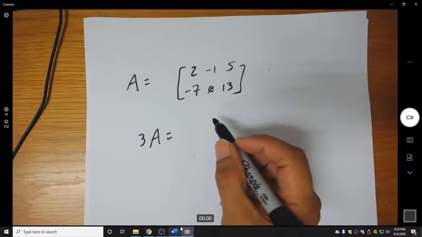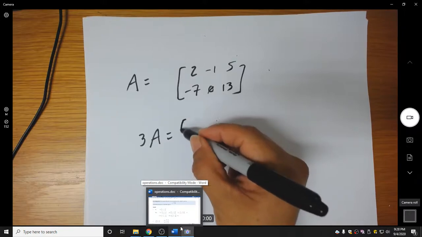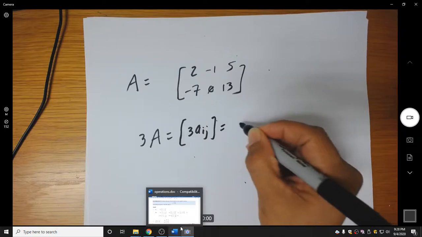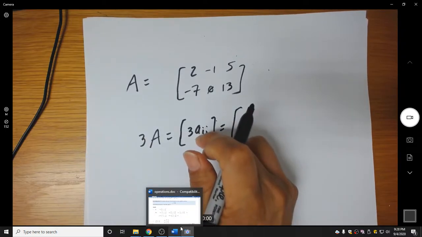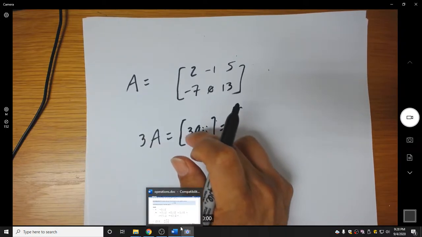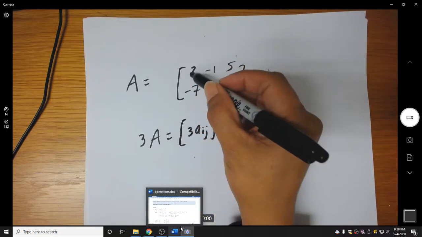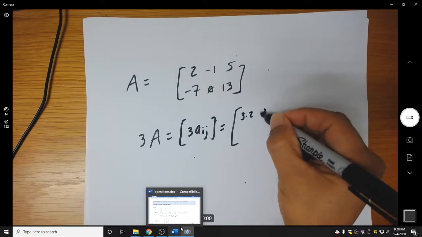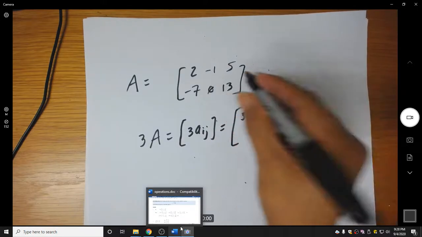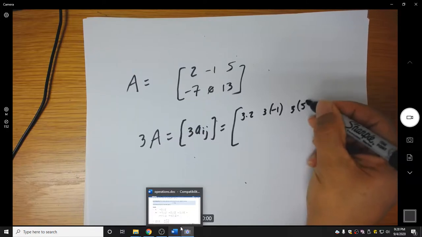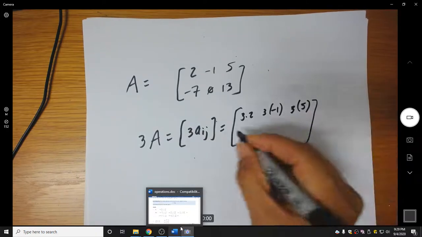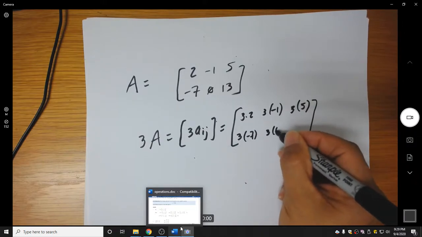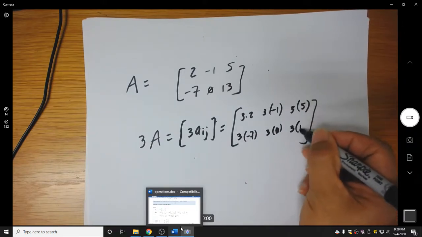Well, let's turn to the camera. 3A, by definition, is going to be 3 times Aij, which is I'm multiplying each of the entries of the matrix A times 3. So I'm going to have 3 times 2, 3 times -1, 3 times 5, 3 times negative 7, 3 times 0, 3 times 13.